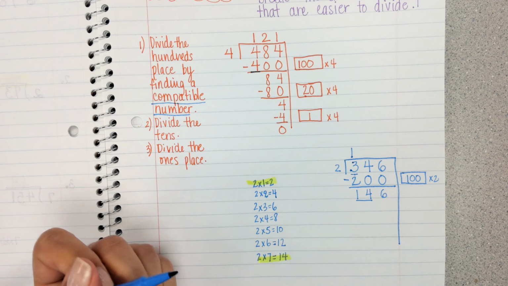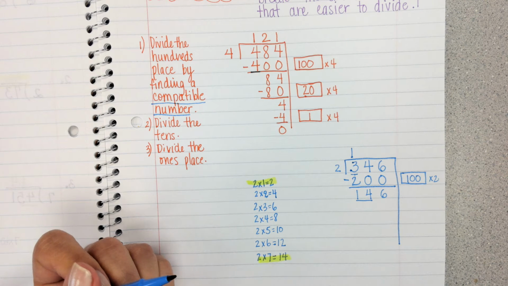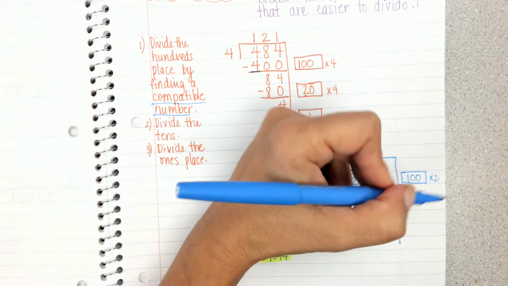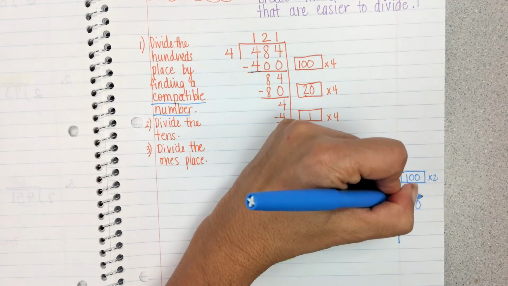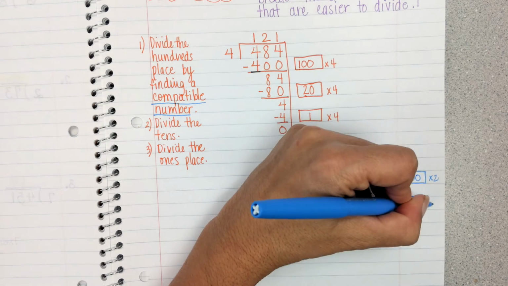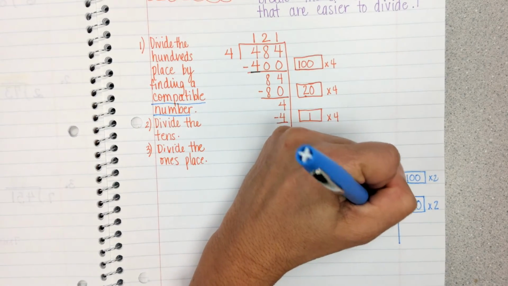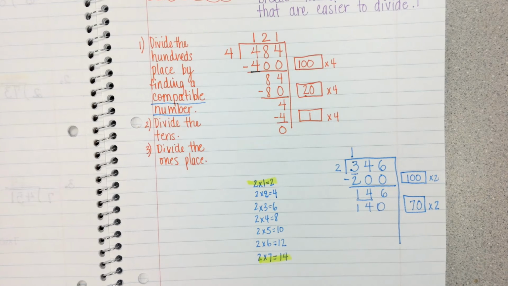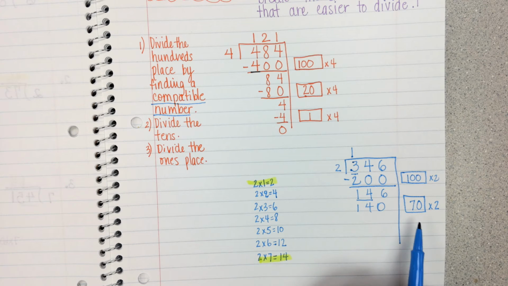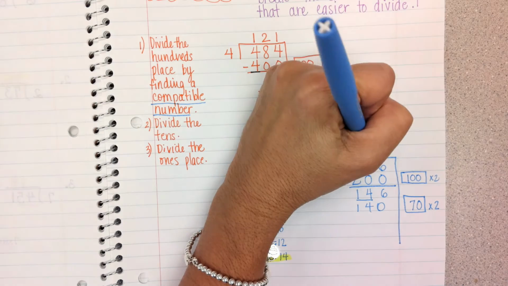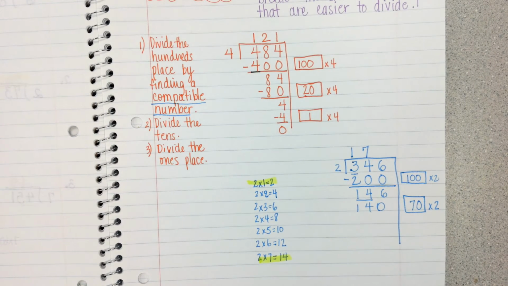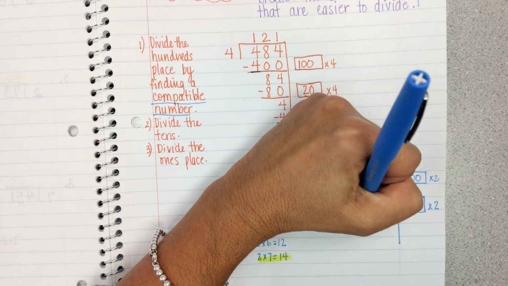So this is going to be 2 times 70 equals 140. So we're going to put 70 in this box. I'm going to multiply it by 2. We get 140. You can see that it's coming along. There's not much more left to do. And the 70 is 7 in the tens place. And then your next step is to subtract.